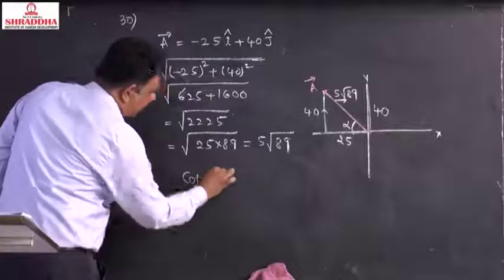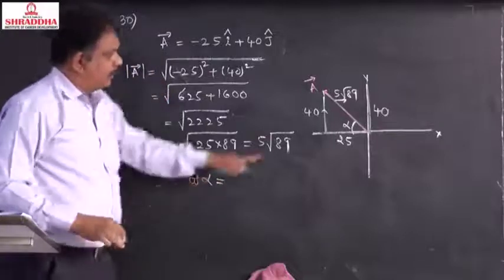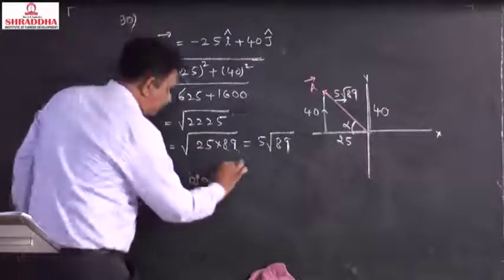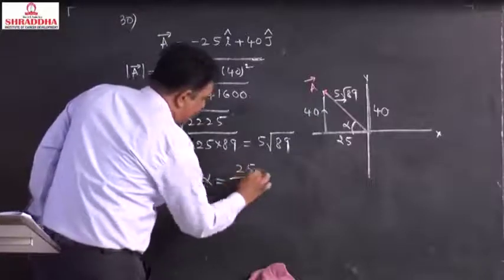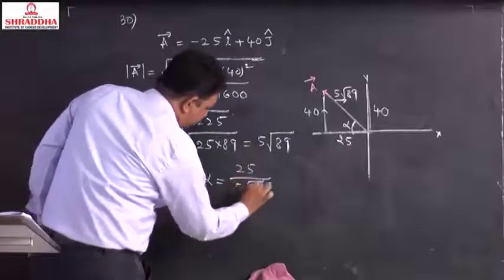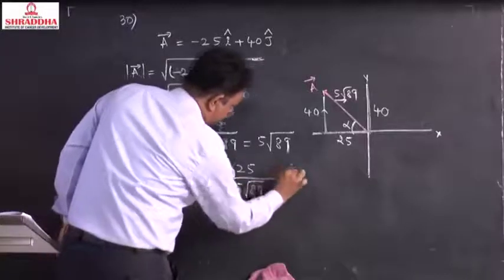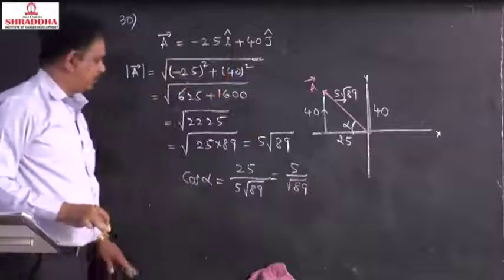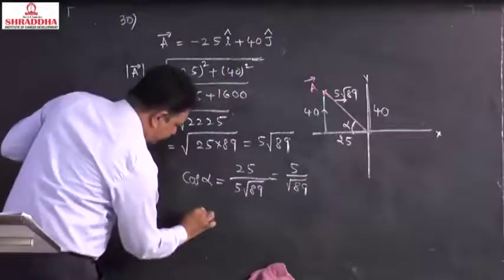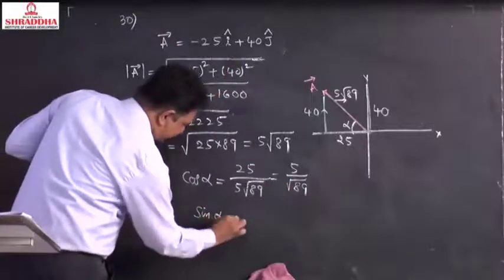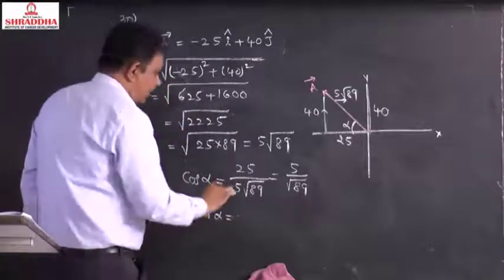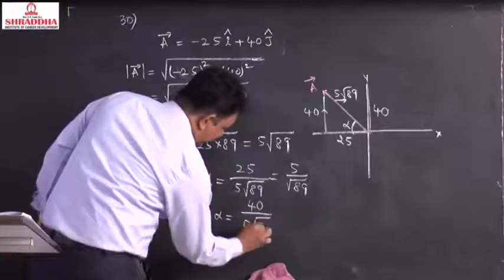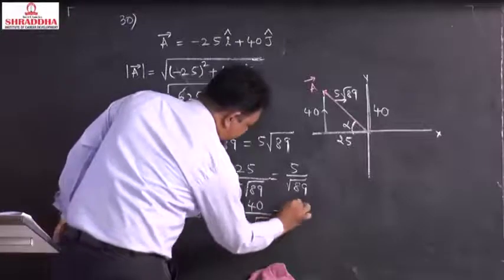Cos alpha is equal to adjacent side by hypotenuse. 25 by 5 root 89. This is 5 by root 89. Sin alpha is equal to 40 by 5 root 89.